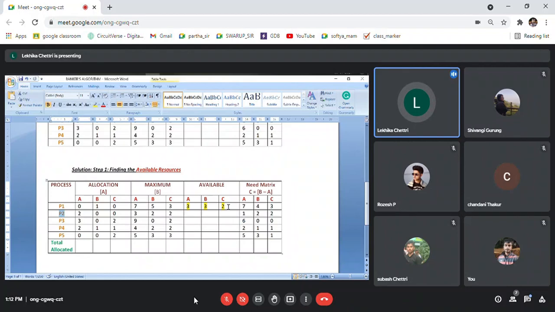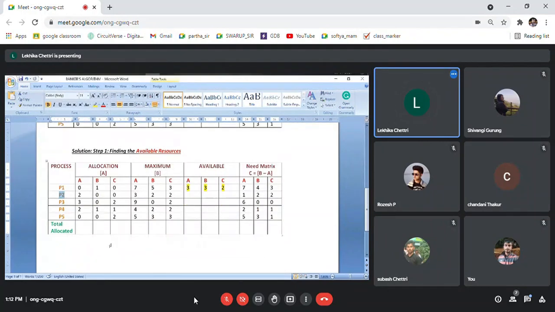Now you guys unmute your mic and tell me, if P2 needs 1, 2, 2 and the operating system has 332, can the operating system allow P2 to execute? Yes, ma'am. Yes or no? Yes, you can allow. Okay.